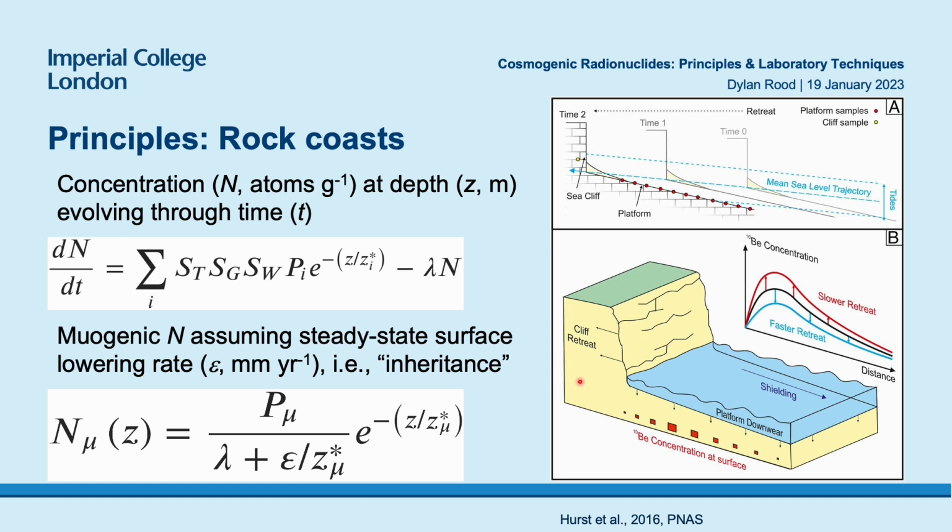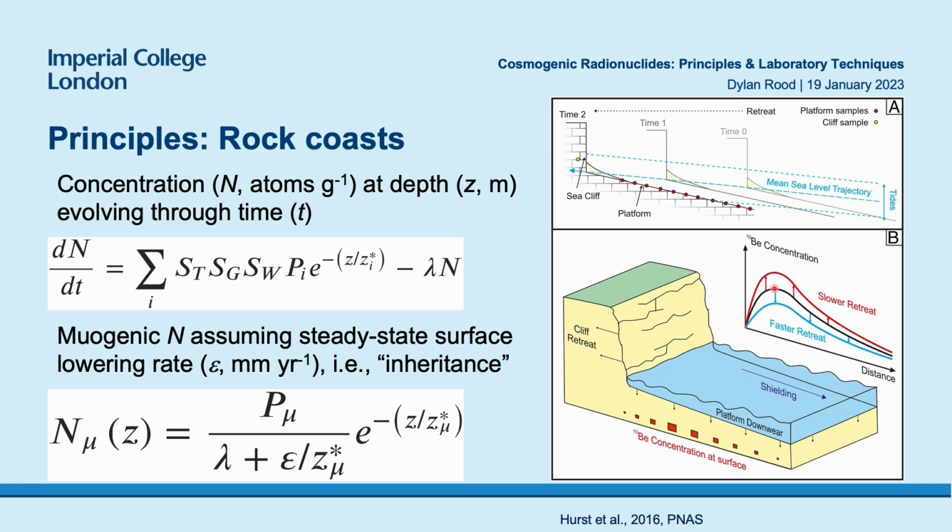Conceptually, this is showing how that works. Basically, in a plot of increasing distance away from the cliff as a function of cosmogenic isotope concentration, in this case beryllium-10 concentration, we end up with this typical humped profile, whereby as rocks are exposed for more time, they have a higher concentration, but as you go further out offshore, you also have increased shielding from the water, and so that decreases the production rate, and you then end up with this humped profile.